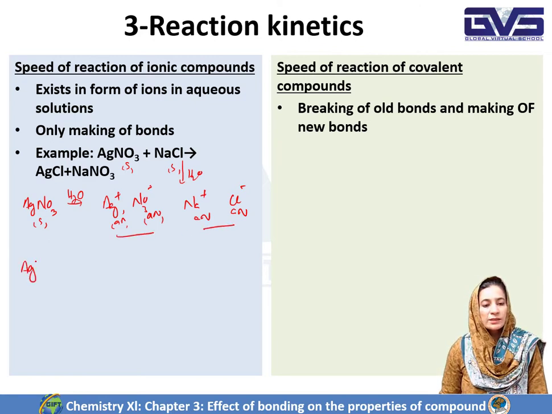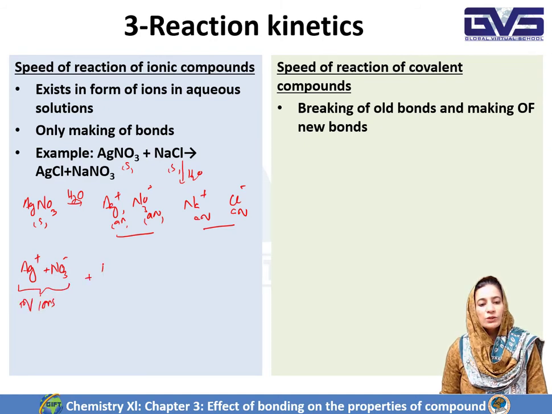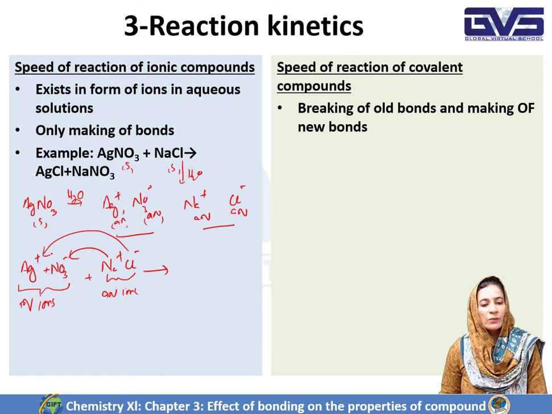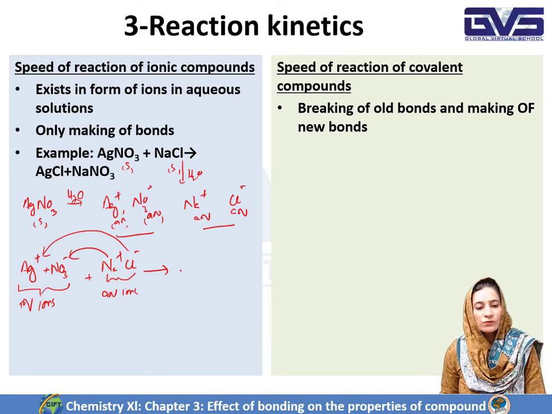So these silver ions and nitrate ions, means silver nitrate, are aqueous ions. And the sodium ion and chloride ion are also an aqueous solution, means aqueous ions. When they react, sodium combines with nitrate and chloride with silver, they just form new bonds: silver chloride.